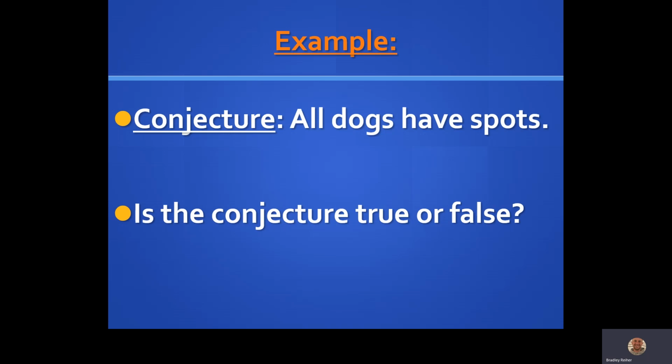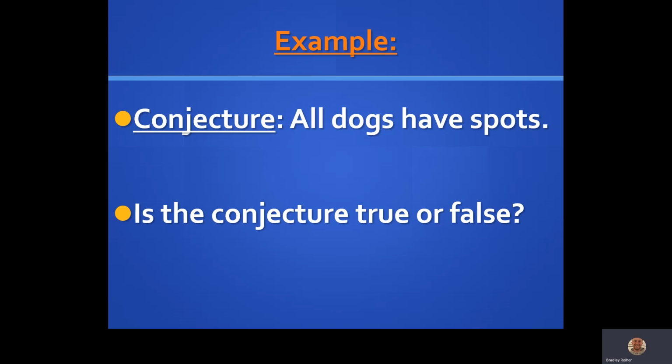You need a counterexample. So this is what you would write down on your paper. Write down CEX. This is your counterexample. And then you're just going to give a type of dog that doesn't have spots. Like maybe a pit bull or a lab of some sort.